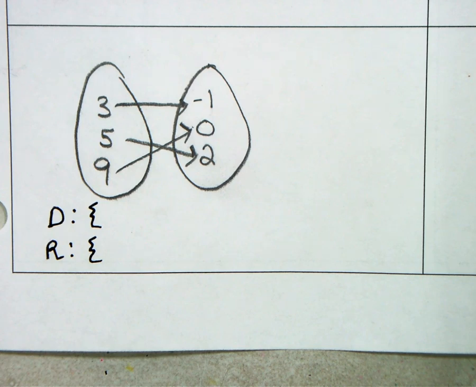Listing them out with our curly little brackets. This one should be super quick. Because in a mapping diagram, that is the best way to find domain and range because it already follows the rules for you. It's already in order, and it's not written twice.